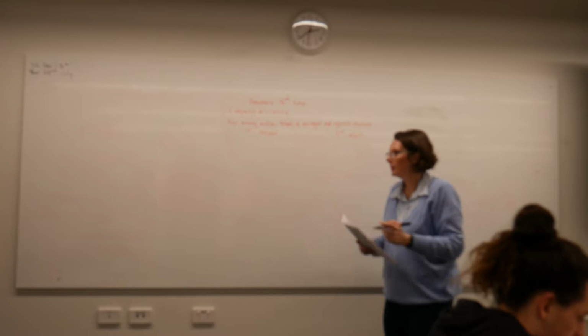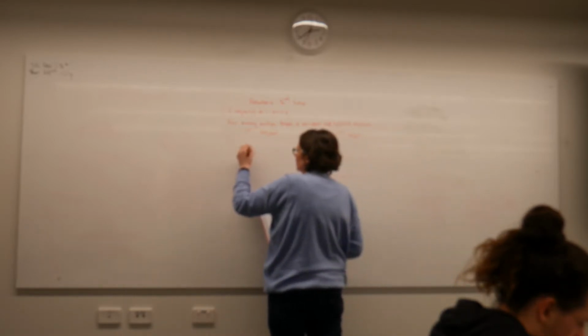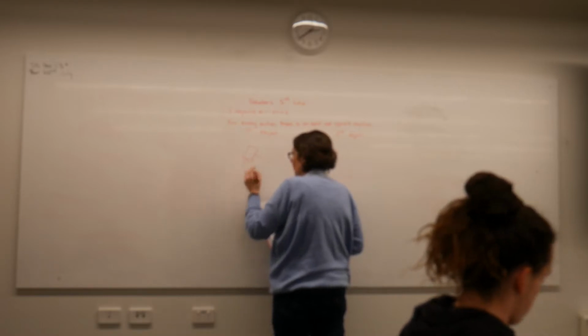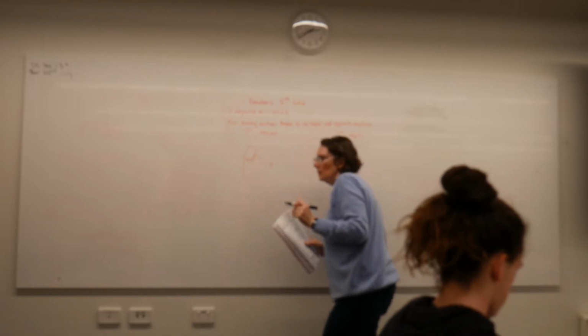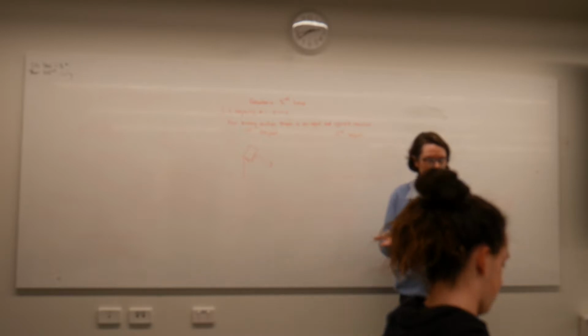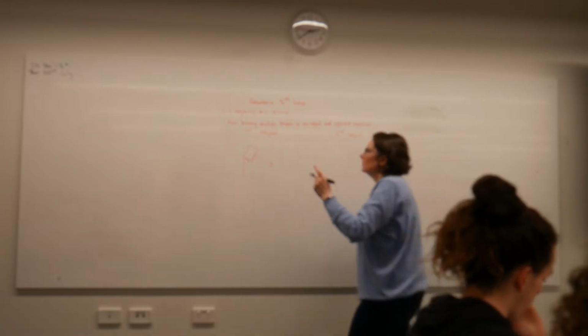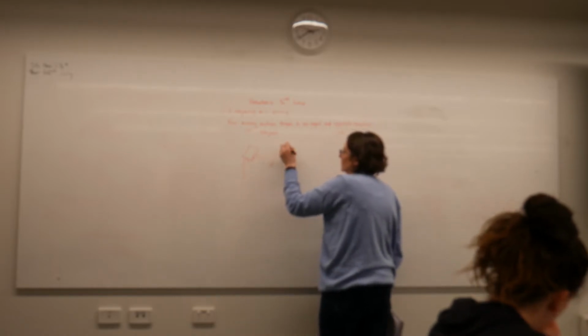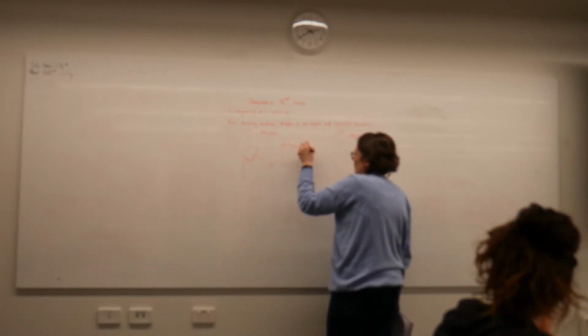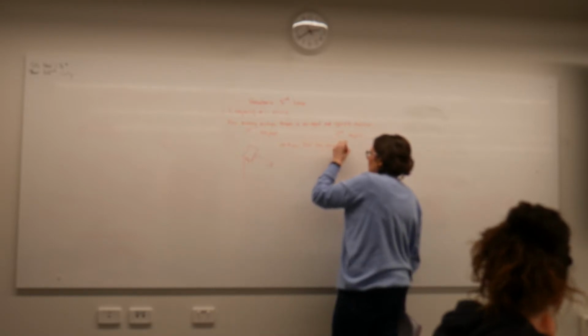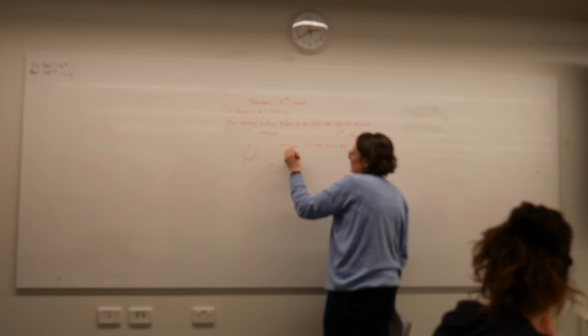And our first example is with a hammer and a tent peg. We're going to hit the tent peg with the hammer, and so this is my action. The action is to hit the tent peg with the hammer.